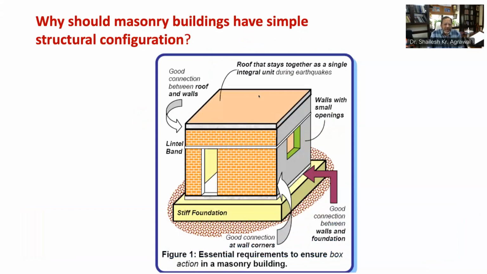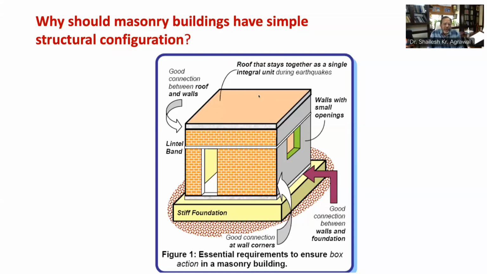In this regard, appropriate choice of structural configuration can also help, and that will be discussed now. The structural configuration of a masonry building means the overall size and shape of the building, distribution of mass, and horizontal or lateral load resistant elements across the building.